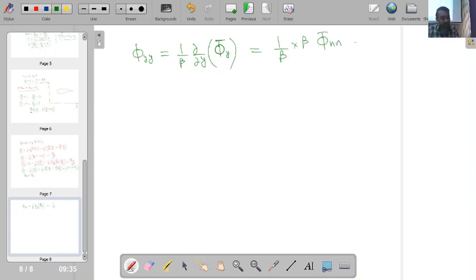So ultimately that will be equal to phi bar eta eta. Up to this point, is it clear?